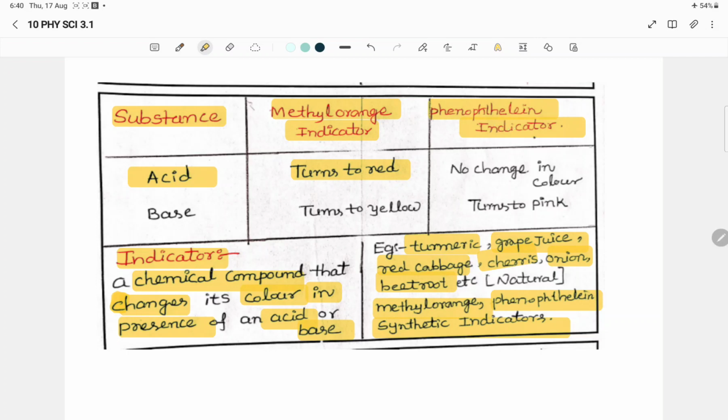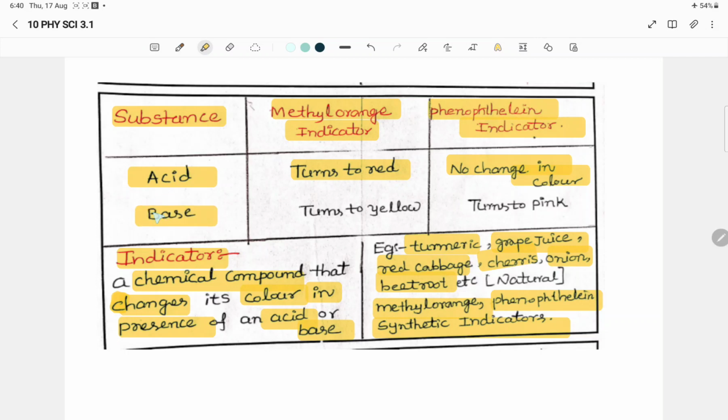When 2 drops of phenolphthalein indicator are added to acid solution, there is no change in color.